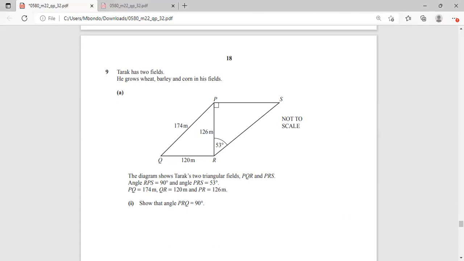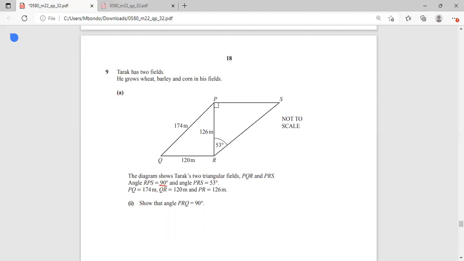The angle PRS is 90 degrees and angle PRS is equal to 53 degrees. The distance PQ is 174, QR is 120, PR is 126.